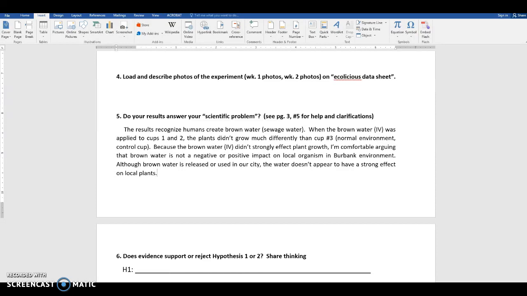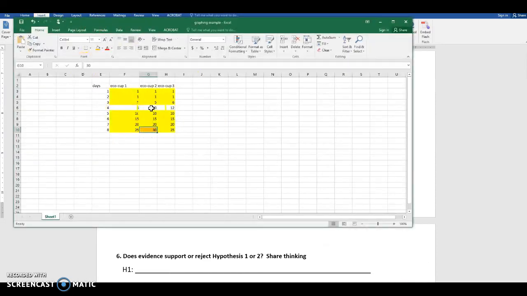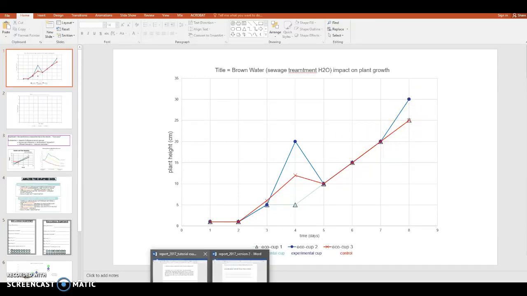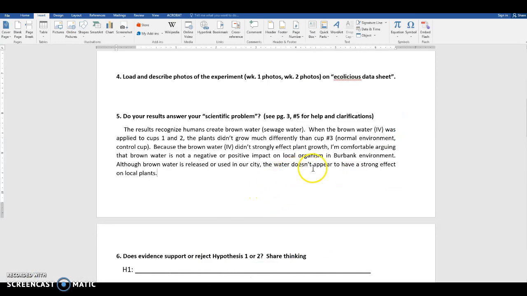So that's the impact. So although we know that there's brown water in our environment, if I just go by the data table and how similar the results were, and if I look at the graph and see how similarly they grew pretty closely. There wasn't much difference. I would say that my argument is that there isn't a strong effect.